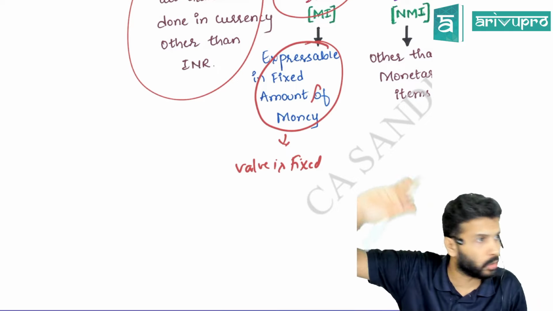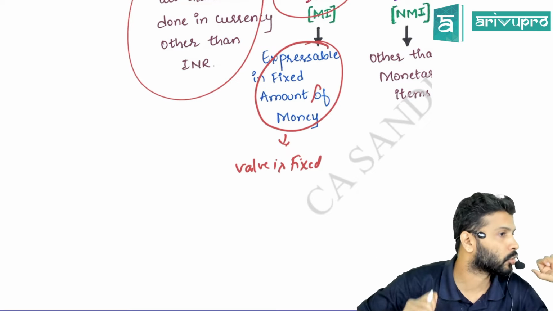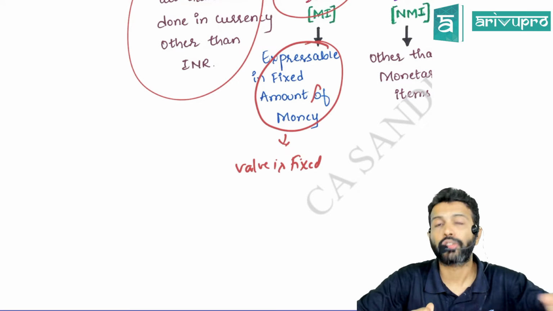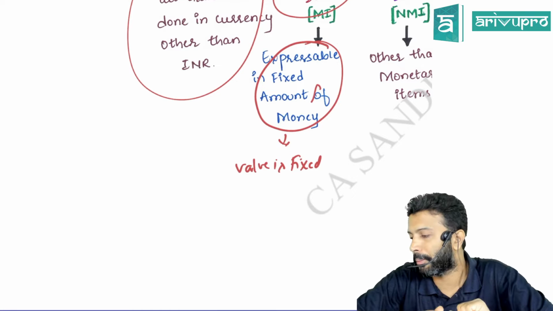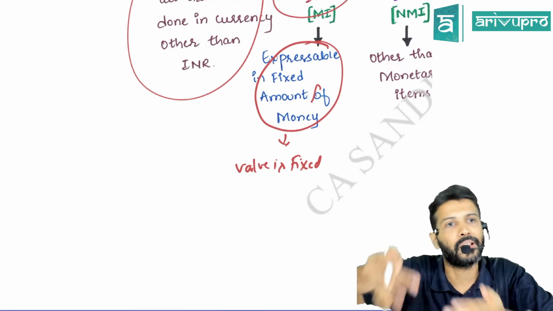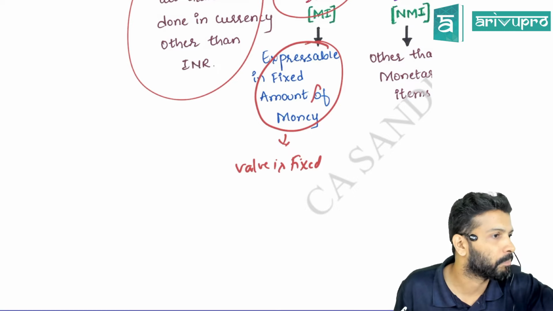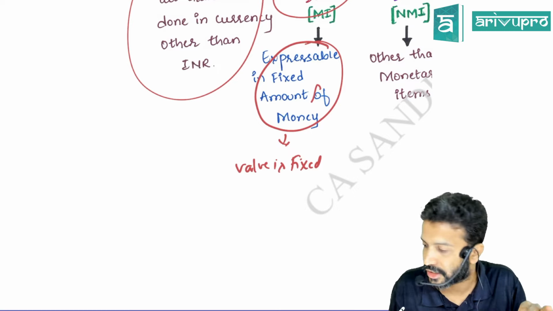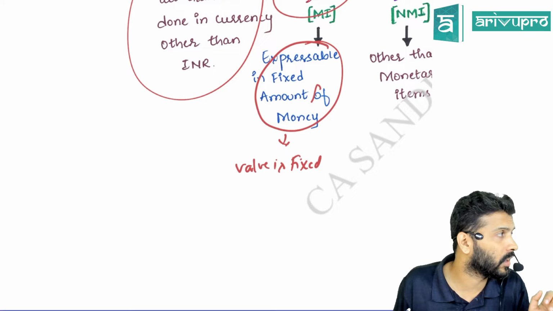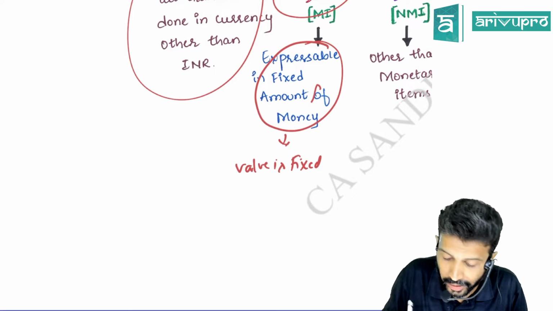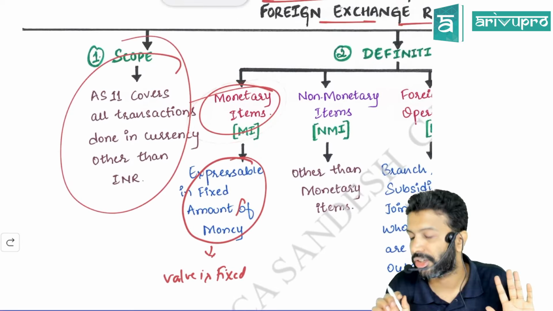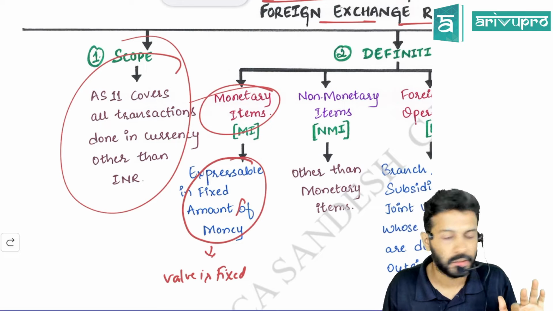Interest you will show in P&L, right? Loan, where will you show? Balance sheet, right? So if you have taken 10 lakh principal from the bank, you will repay 10 lakh itself. That means the principal portion is the same, meaning its value is fixed. So loan taken, loan given, all these are again examples of monetary items. Easy, people? Pretty straightforward?